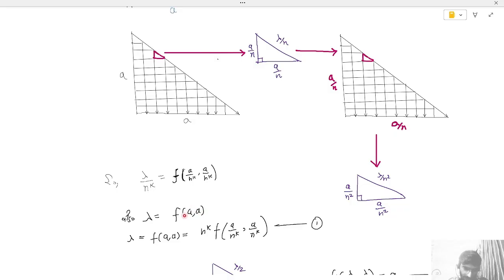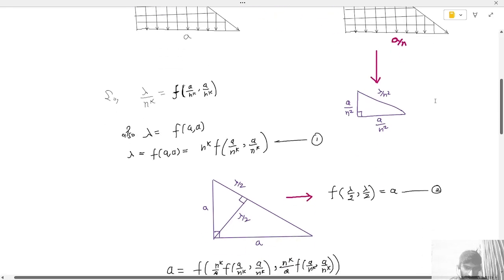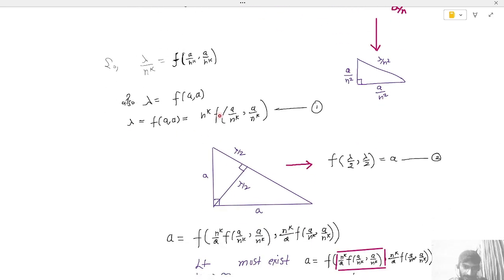In this case both are same, and we can substitute this value of lambda in this equation. We'll get this final equation we will label 1. So lambda will be n^k times whatever the function gives you at these base and perpendiculars.